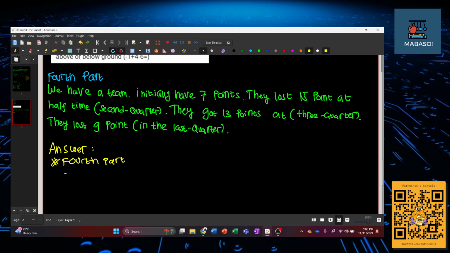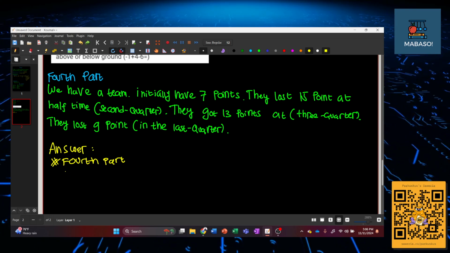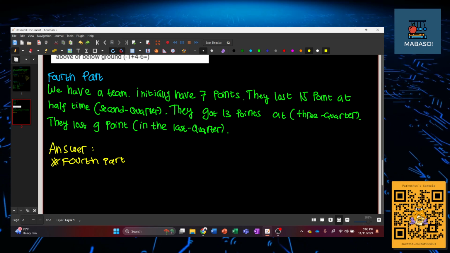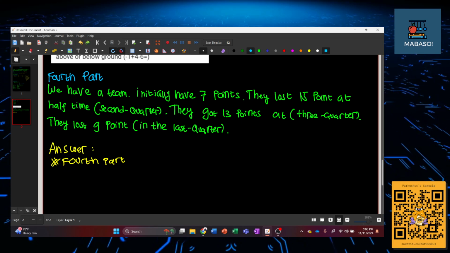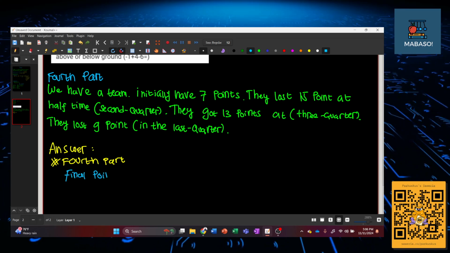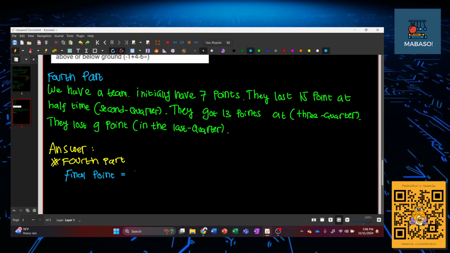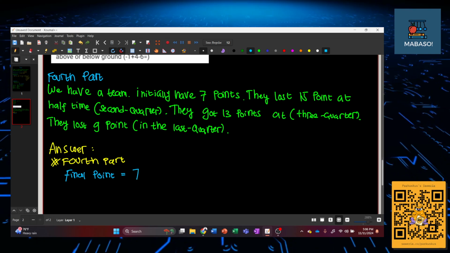So you can see the question like this. The final point of the team will be, of course, 7, then minus 15, then plus 13, minus 9.